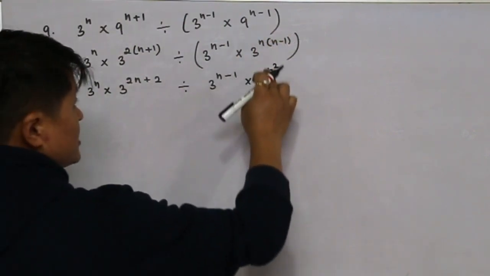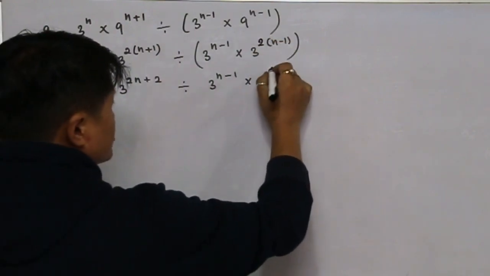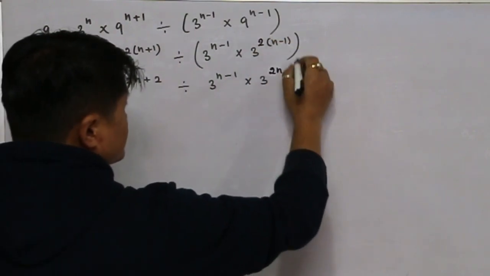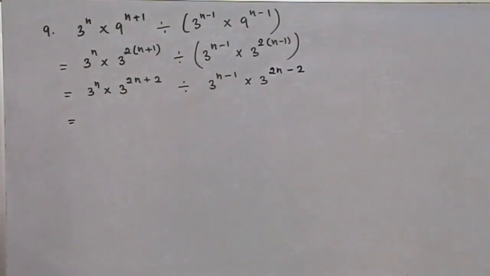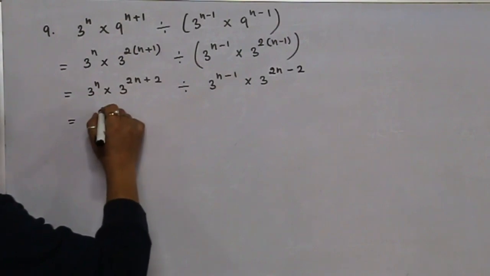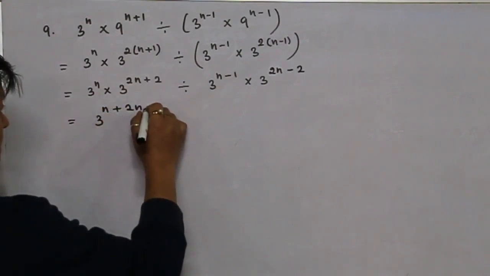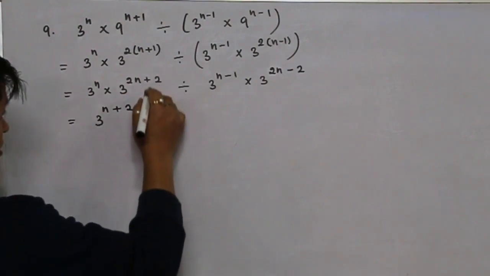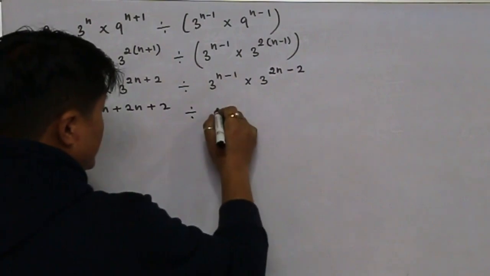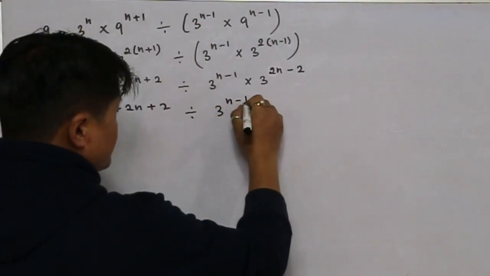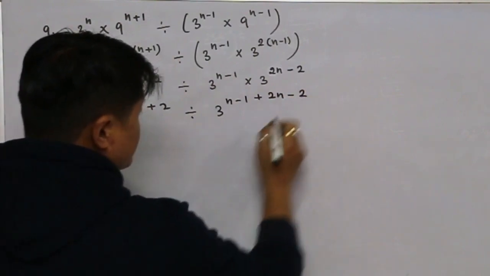2 into n minus 1 is 2n minus 2. So when the like terms are multiplied, powers are added. This will become 3 to the power n plus 2n plus 2 divided by 3 to the power n minus 1 plus 2n minus 2.